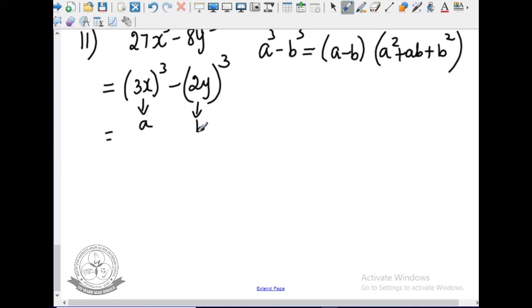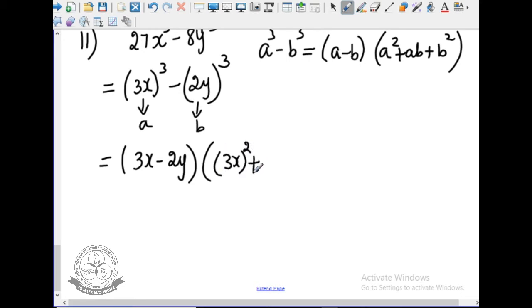So it can be written as a minus b, that is 3x minus 2y, into 3x whole square plus ab means 3x into 2y, then plus b square is 2y whole square.